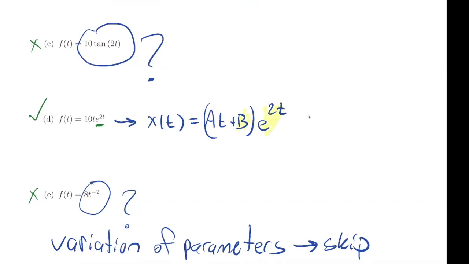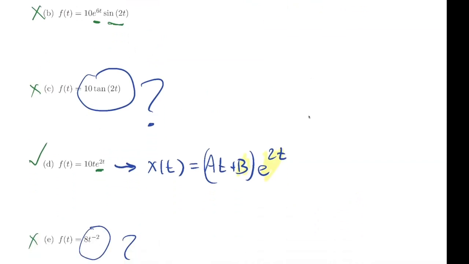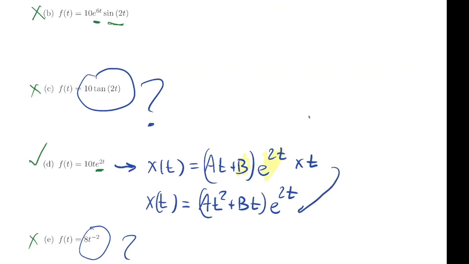The b e to the 2t is exactly the same as this piece over here. So this one does have resonance, and therefore we need to multiply this by t. So I can write it like that. Maybe that looks like an x. So we need to multiply it by an extra power of t.